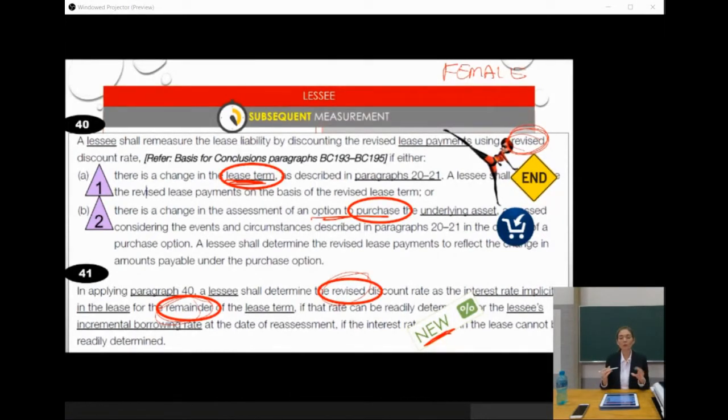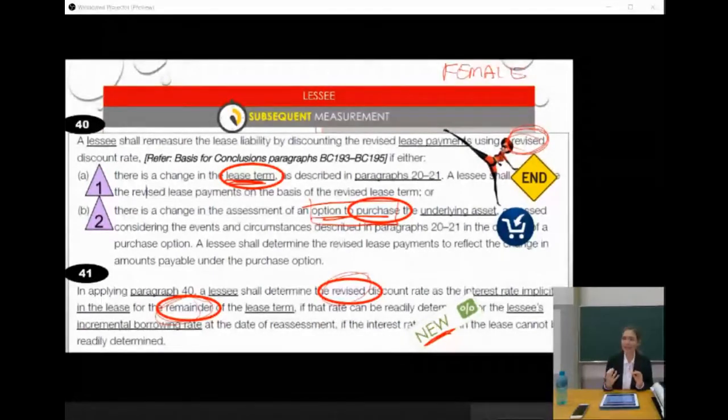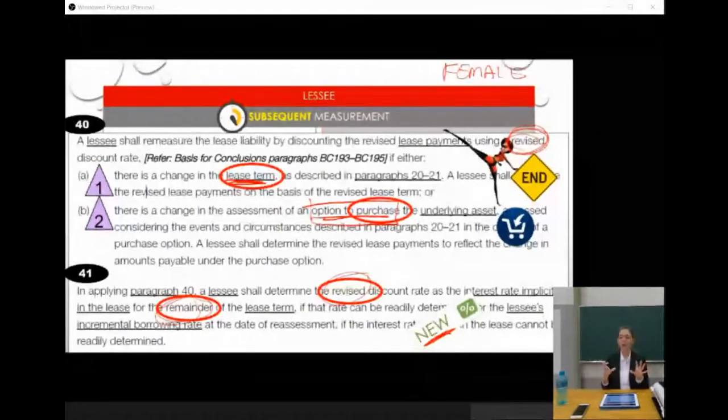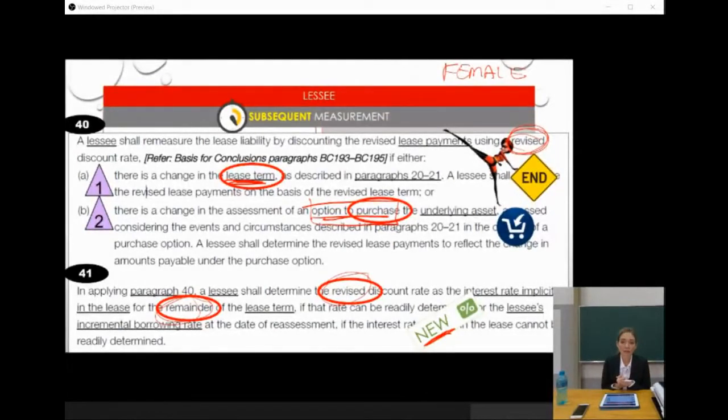So that's why we say, actually, this is now a completely new agreement. The purchase option was not taken, we didn't think we were going to use it, now we are going to use it. Therefore the whole nature of the lease agreement changes.